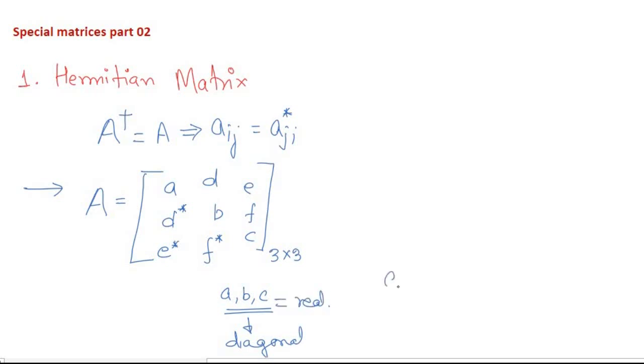Because if you take A transpose, the dagger, and you are saying that this is equal to A, then the A11 element is equal to A11 dagger. So this property must be satisfied for a Hermitian matrix, and it is satisfied only when the imaginary part is 0. It means that A is a real number. In the same way, B and C are real numbers.